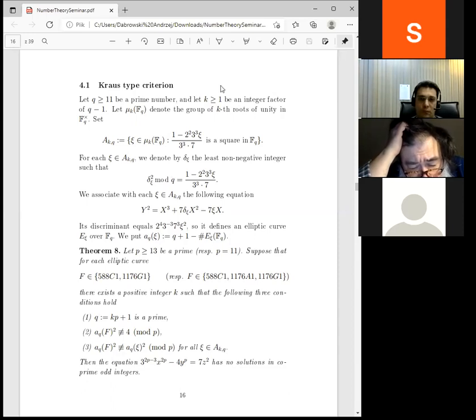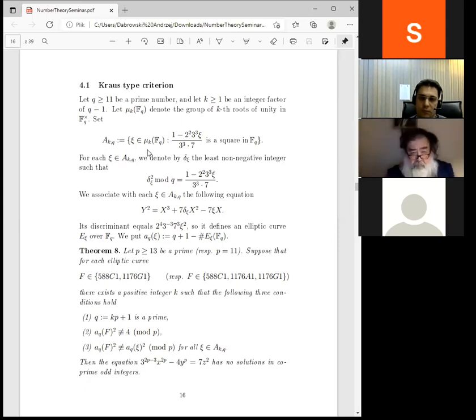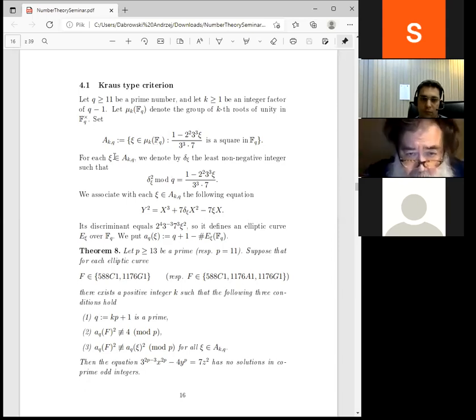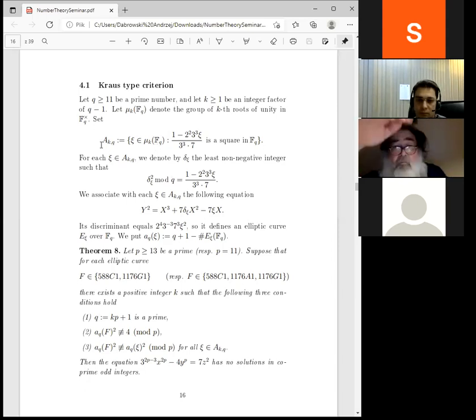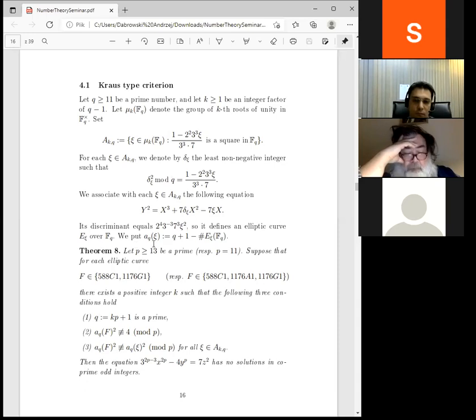With our defining equation and such a k, we have associated some subset of the roots of unity in such a finite field. And for each member of such a set, we associate an elliptic curve over the finite field F_q. And then we can of course consider the Frobenius trace.